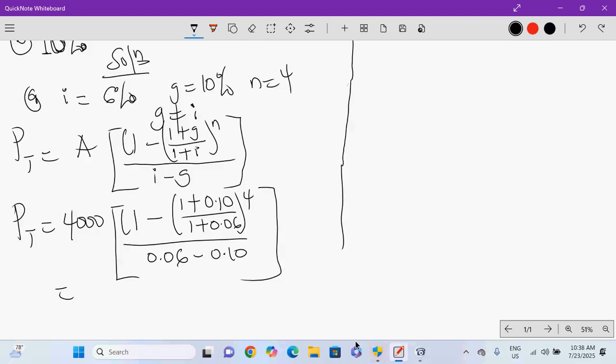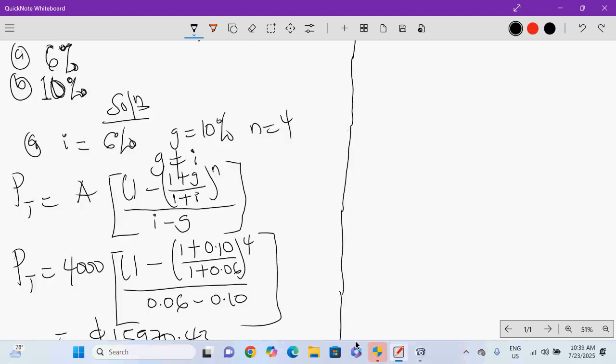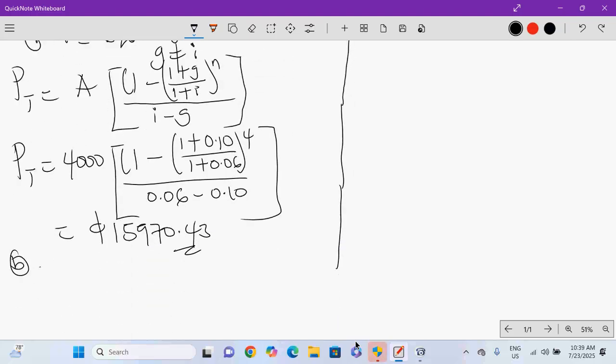So according to my calculator, that is giving us 1597.43. That is the A. What of the B? B is saying that the interest rate is 10%.